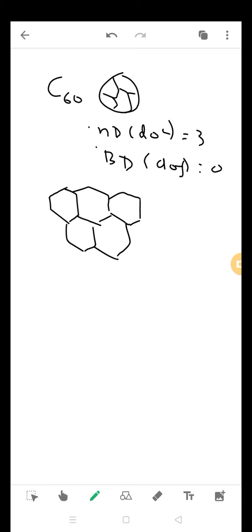Now any of the hexagons can be taken as the base hexagon. So let me mark one of the hexagons, this one, as H0. H0 stands for the base hexagon.